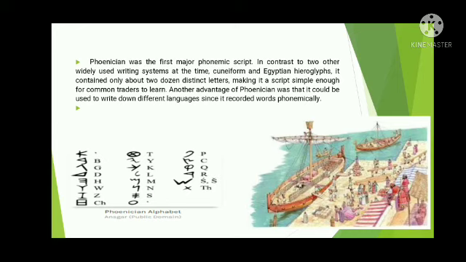The Phoenicians spread their alphabet through their vast trading network that stretched throughout the entire Mediterranean region. The Greeks adopted it, and by the 8th century BCE had added vowels.